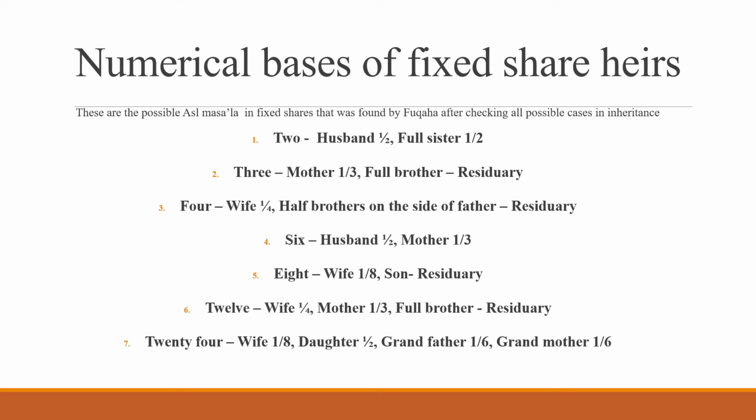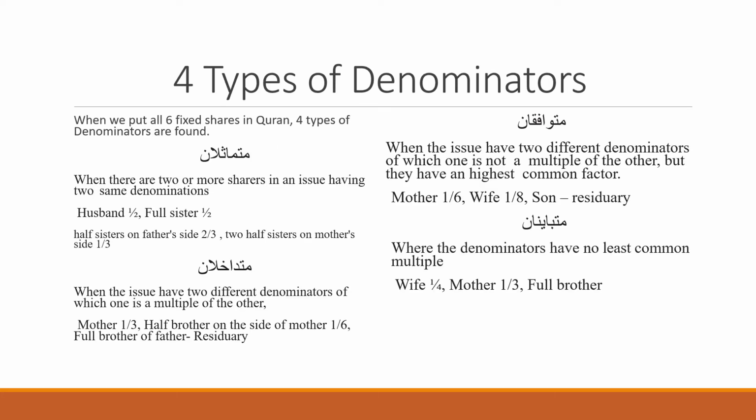In case of fixed share heirs, what is the numerical basis? There are 7 types of numerical basis. How is it found? Please be with me with a curious heart in this presentation. Please check: there are 4 types of denominators.